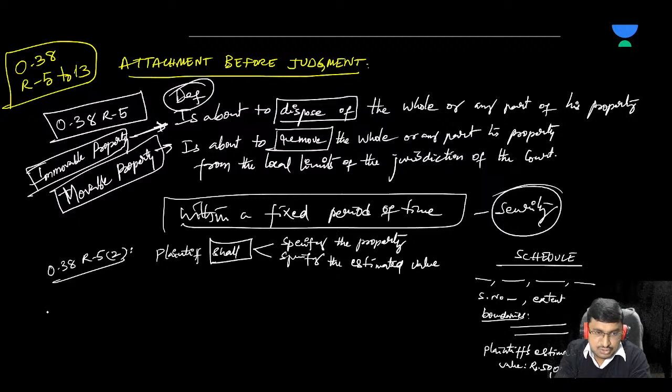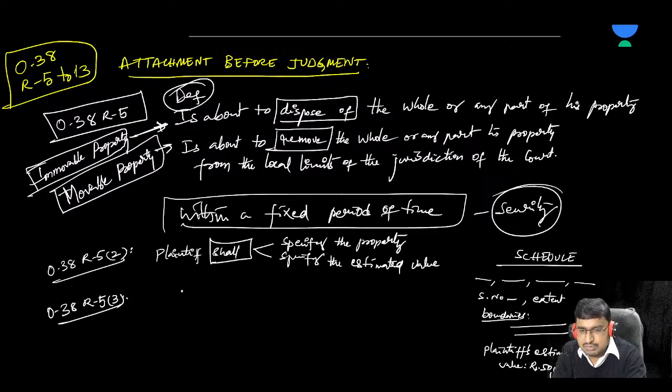Therefore, Order 38, Rule 5, Clause 3 speaks about the court may also direct the conditional attachment of the whole or any portion of the property so specified.